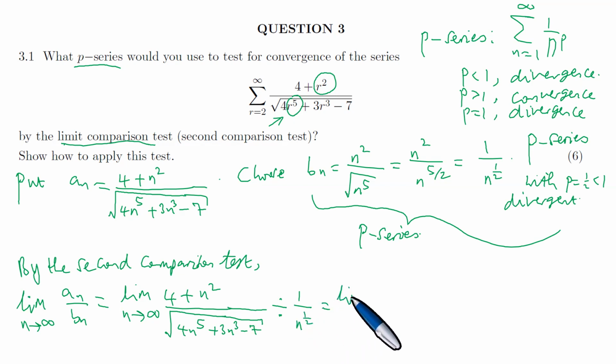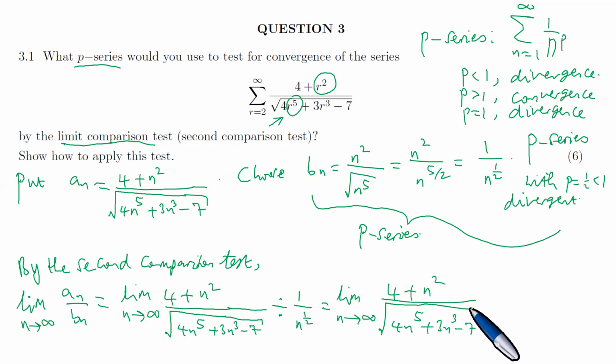So this is the limit. Right, so it becomes 4 plus n squared divided by 4n to the fifth power plus 3n cubed minus 7 over 1.